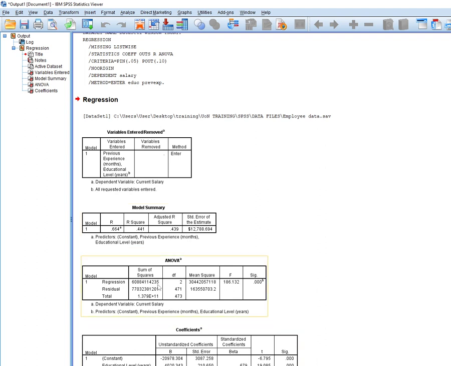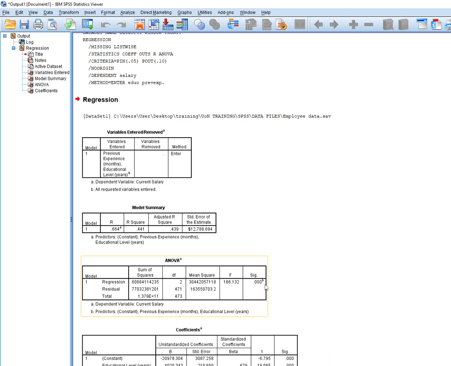Let's talk about ANOVA, which is also what we refer to as the F-test. What does the F-test do? It will tell you if the model has overall predictive power. Is it fit for prediction or not? I'm focusing on the p-value, and I'm seeing the p-value to be 0.000.